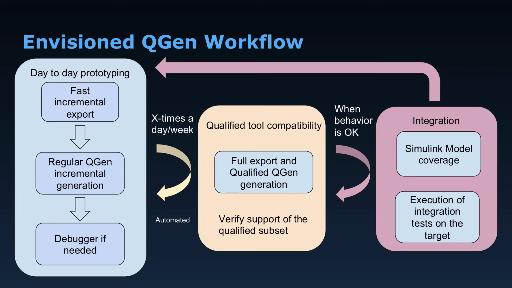So using QGen, you would start out on a day-to-day basis, developing your models, doing simulation runs, and then doing a quick incremental export with QGen, then doing a quick code generation on that incremental export, and running QGen debugger as needed. So this gives your engineers the ability on a day-to-day basis to work with the tools and to work out problems in the model.